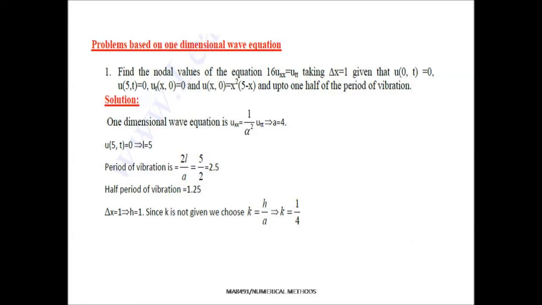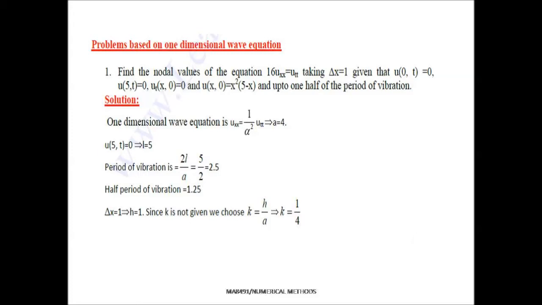Next, the period of vibration, which is found by the formula 2L by A. So you know the formula. Now we know the value of L, which is equal to 5, and the value of A, which is equal to 4. Substitute in the formula 2L by A, where we get 10 by 4, which is actually 2.5.